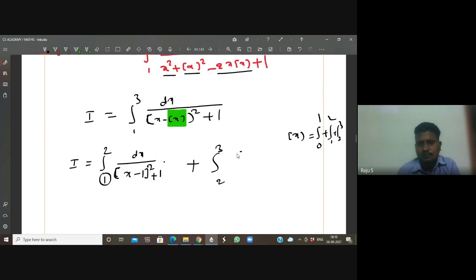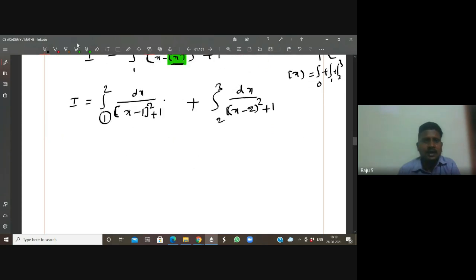Next, dx by x minus, what is the greatest integer of x from 2 to 3? What is the lower limit? 2, whole square plus 1. That's all. Just evaluate this. This is directly in standard form, like the integral of dx by x square plus a square. What is the formula?